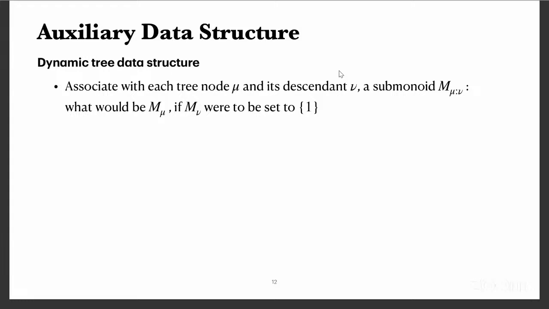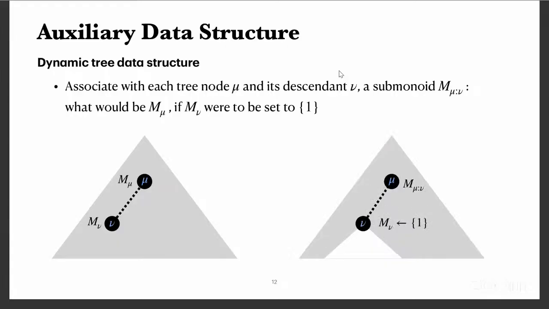That is, if a node is set to 1, the identity monoid, then what happens? So for example, here I created a sort of a gap in the tree by setting a node to 1, and I maintain what is the value at the upper node if I set this node to be 1. Correct?